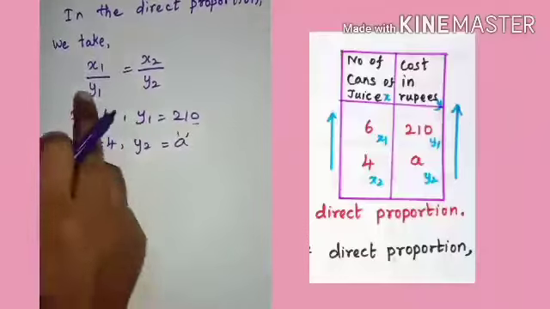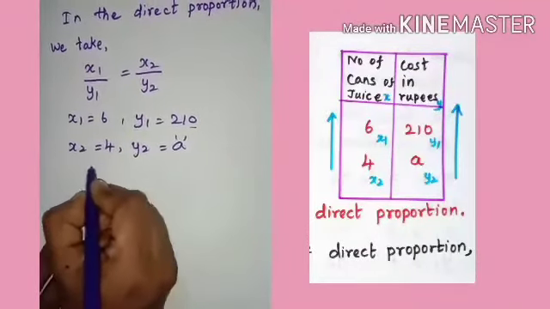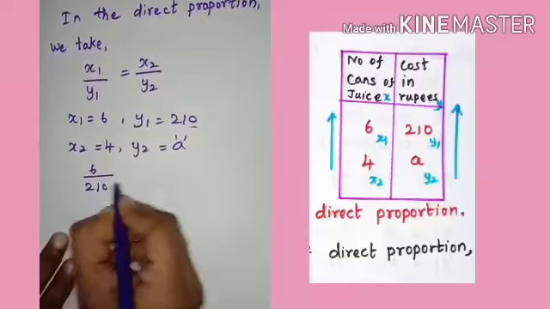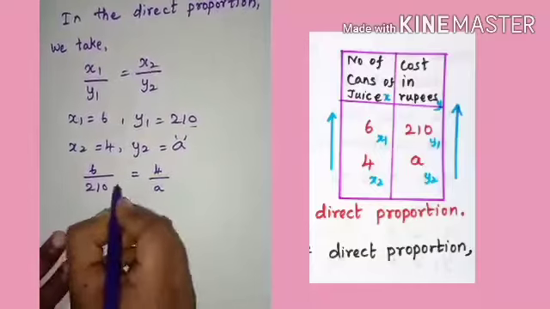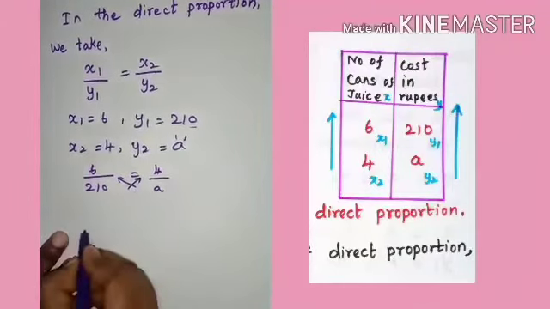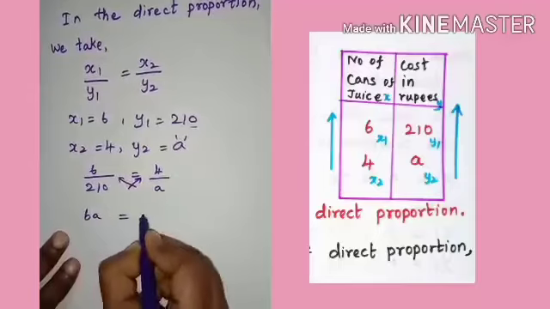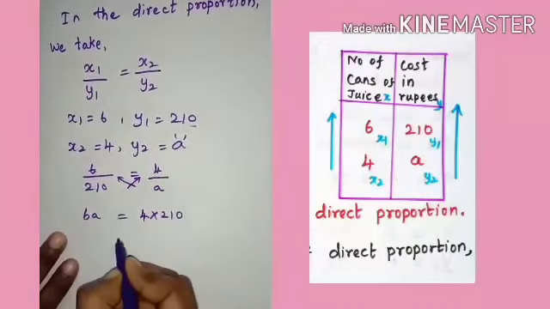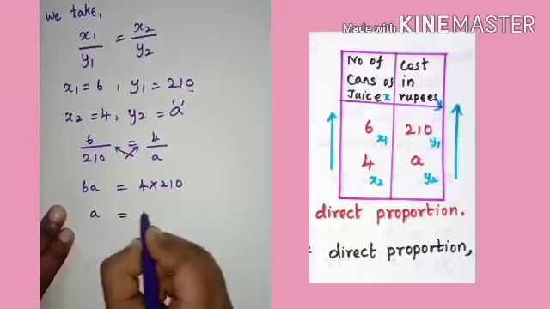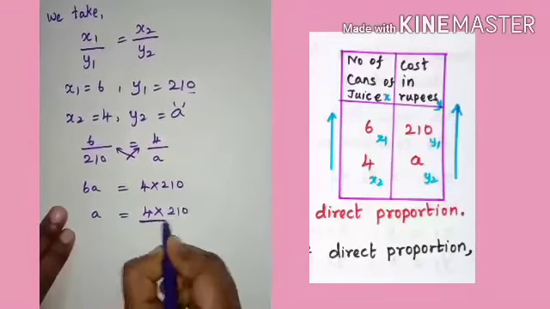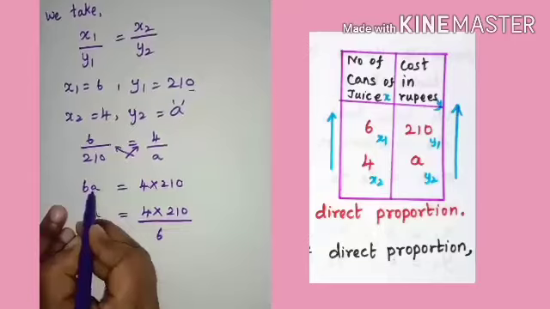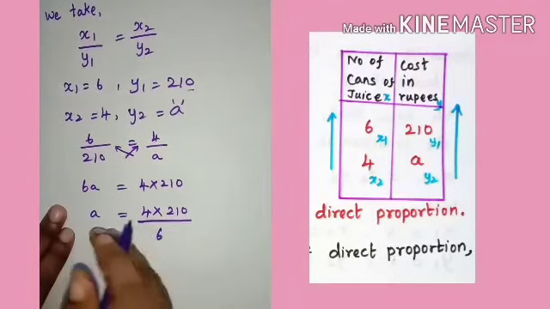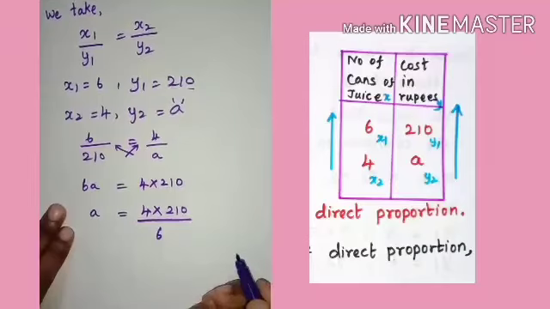Now substituting all the values, we get 6 divided by 210 is equal to 4 divided by a. Now by cross multiplication we get 6a is equal to 4 into 210. Now a is equal to 4 into 210 divided by 6. Here 6 is in multiplication with a, so when it crosses the equal to sign, it goes to the other side and becomes 1 by 6.